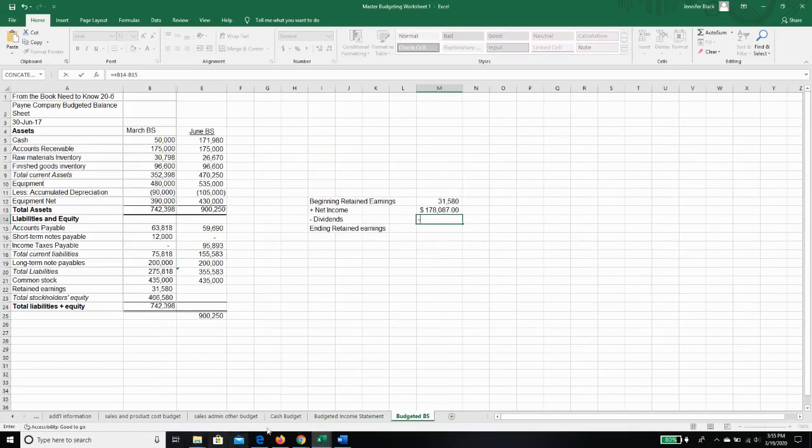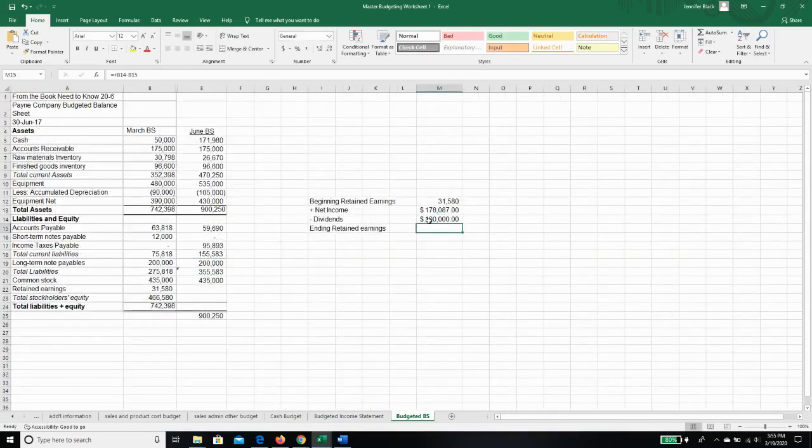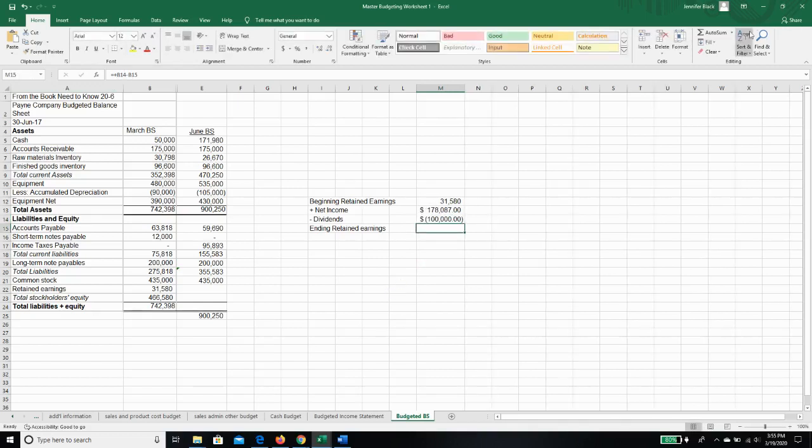And from our cash budget, we remember that our dividends were 100,000. So our ending retained earnings are going to be 109,667. Our total equity will be 544,667.